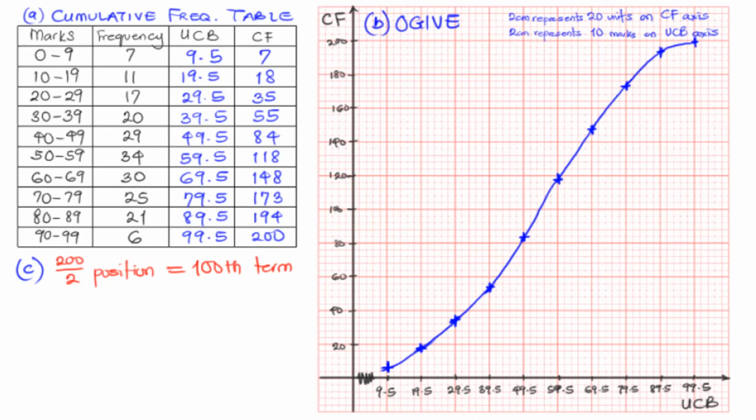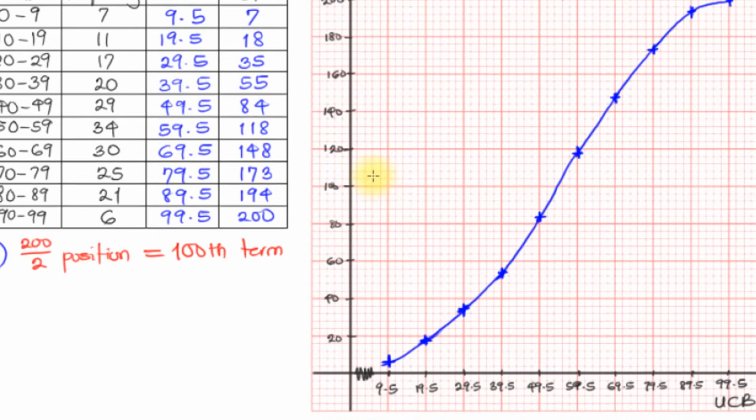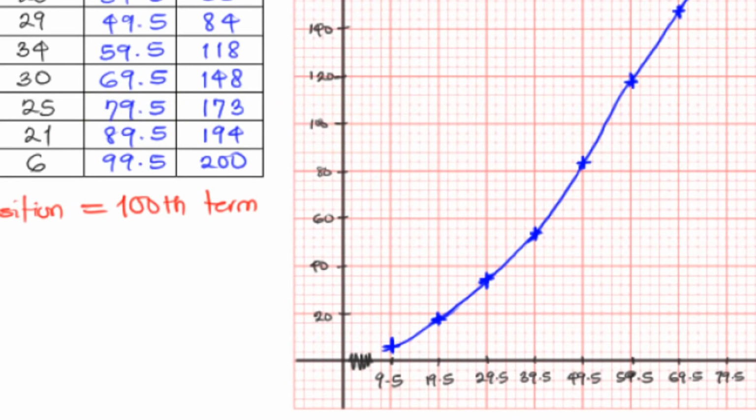And I can just come over to my graph. On the cumulative frequency graph, this is 100 here, and then I want to trace from 100 to the curve. Oh, beautiful. Okay, then from there, I want to trace down to see what my mark is going to be, and here it is.